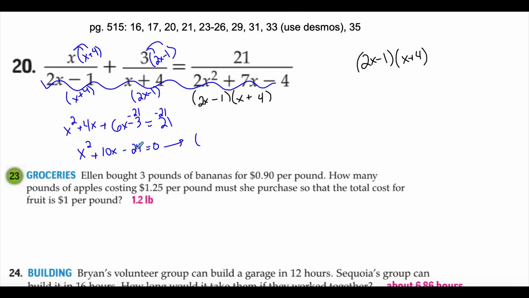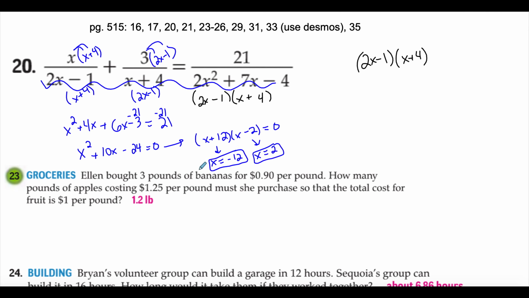We can think 6 and 4, that's not going to work either. But we can also think of 12 and 2. Okay. So x plus 12, x minus 2, and that's equal to 0. So we're just trying to figure out our 0. Okay, we get x is equal to negative 12. And then for this one, we get x is equal to 2. And remember, double check. Make sure that you can plug a negative 12 and a positive 2 in there. And we can, so those are both solutions.